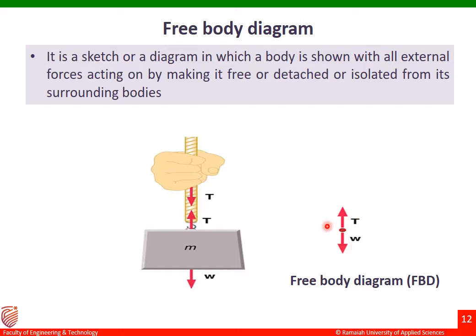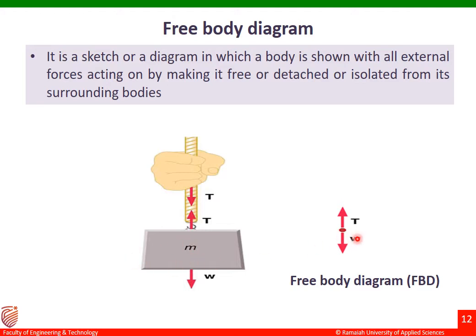Now you can see this is the sketch or diagram in which a body is shown with all the external forces. These T and W are the external forces acting on the body, and the body is detached or isolated from its surrounding body. This is the surrounding body of this mass; it has been detached, and only the forces are represented.